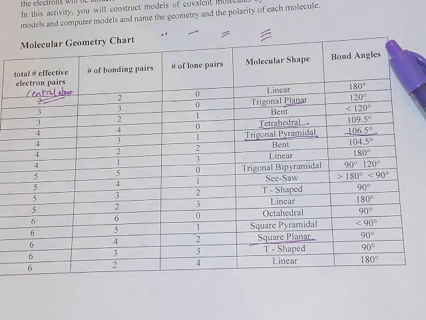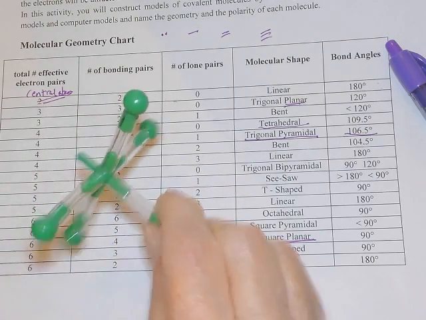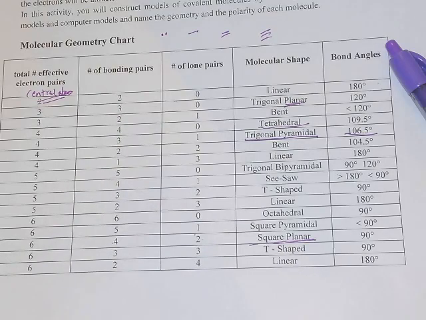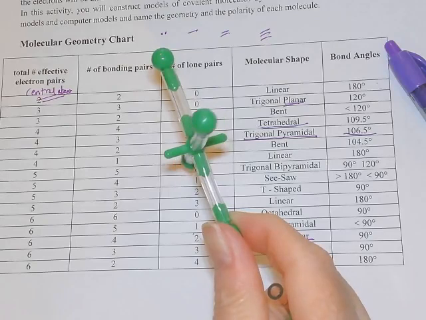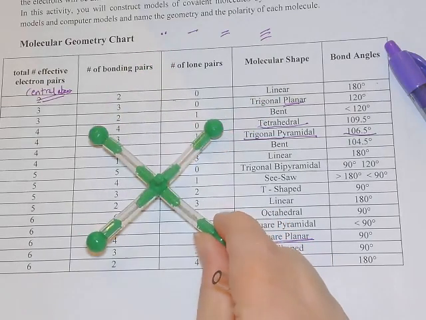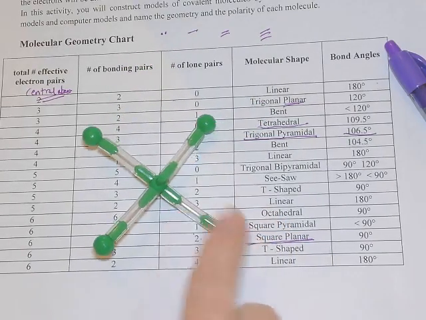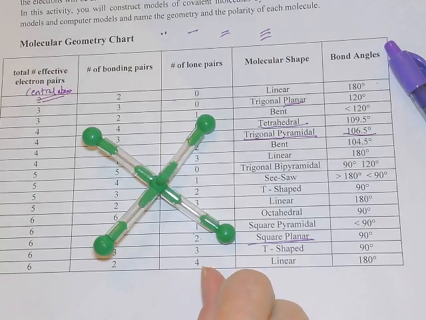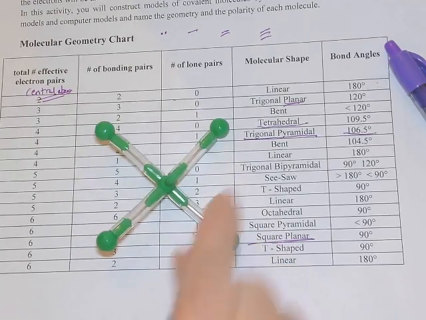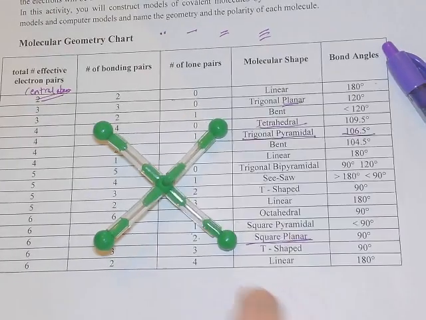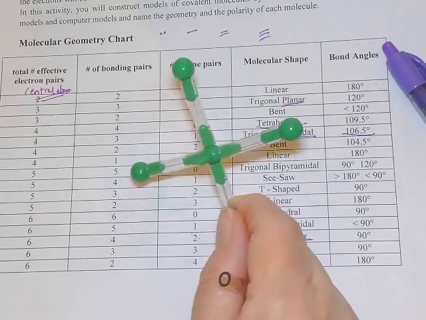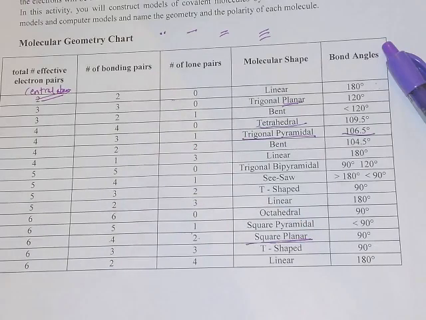So we're going to take this one off one end and this one off the other. So there's our little nubs that are the lone pairs of electrons, and our geometry is named after the placement of the atoms, and it is indeed flat and it is indeed square planar, and the bond angles are 90 degrees. So there is our octahedral.